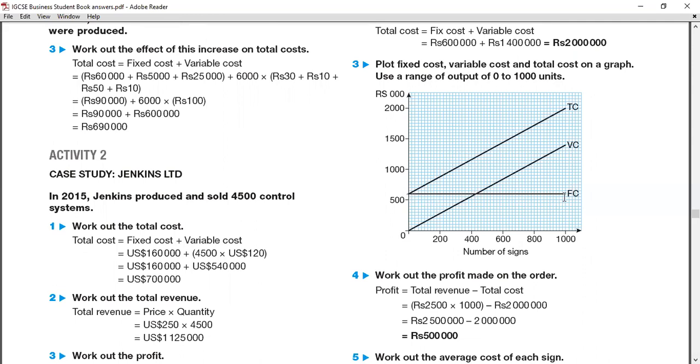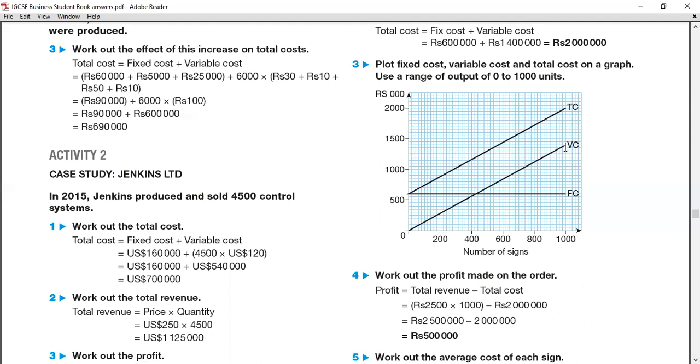That's called the fixed cost curve. Then the variable cost curve: you can draw it from 0, 0, and at 1,000 quantity the variable cost equals 1.4 million, calculated as 1,000 multiplied by 1,400 per unit.